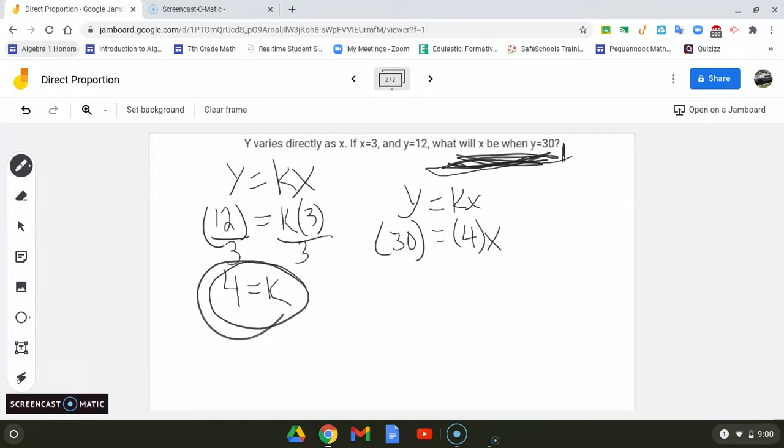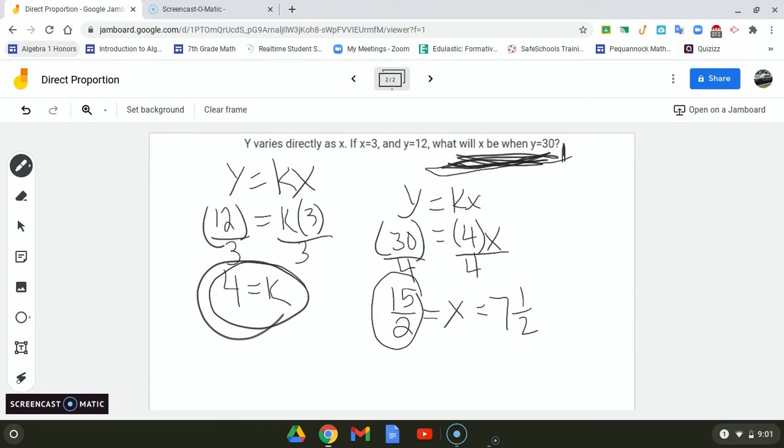And then if we want to find x, we would divide by 4. So 30 divided by 4, you could reduce that down to make it 15 over 2 is equal to x. If you wanted to, you could make it 7.5. 15 over 2 is an easier number to work with because if you have to do something with x once you found it, you're going to have to turn it back into an improper fraction anyway.